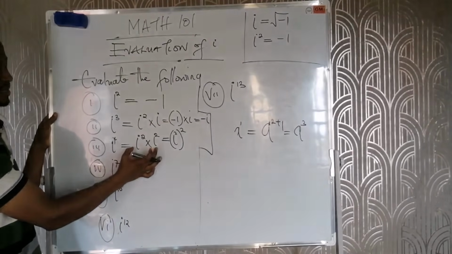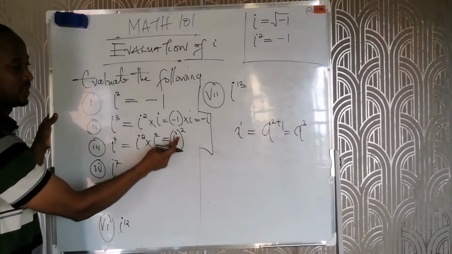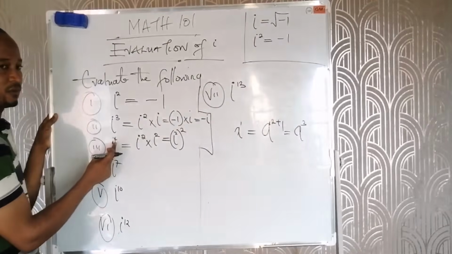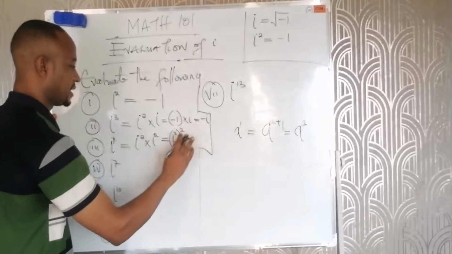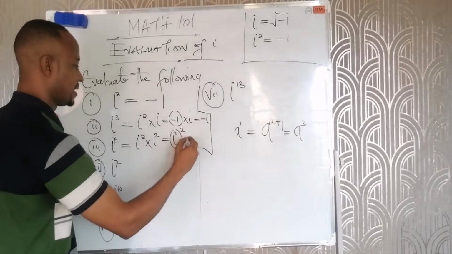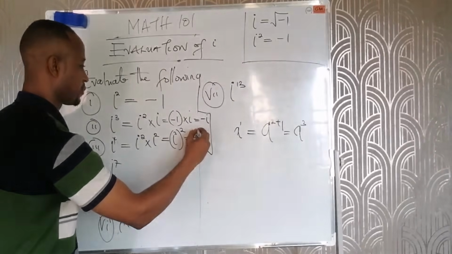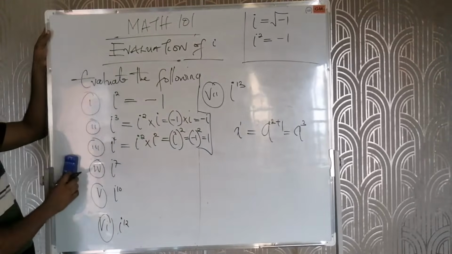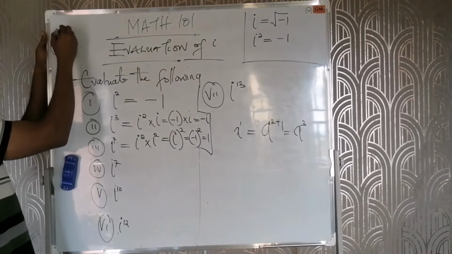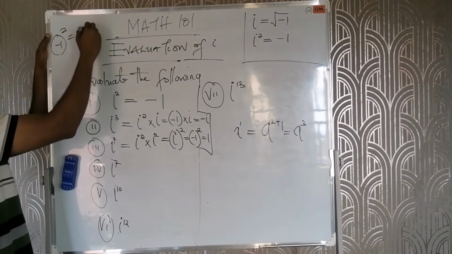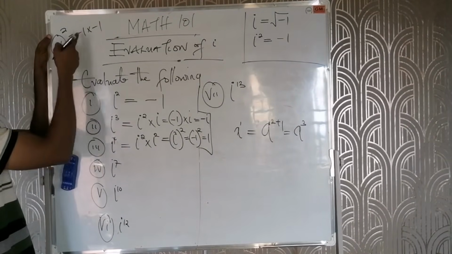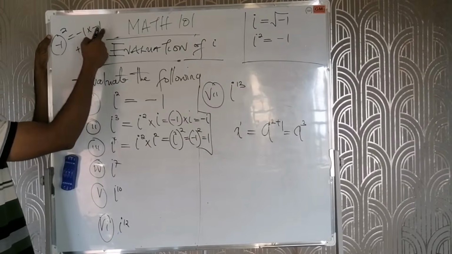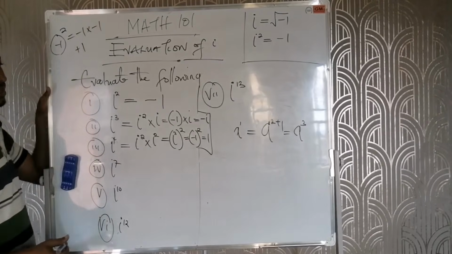I can either express this or as this, since 2 times 2 is still 4. So from here, our final answer becomes minus 1 raised power 2 equals 1. Minus 1 raised power 2 is the same as minus 1 times minus 1, right? Minus times minus is plus, and 1 times 1 is 1, right?